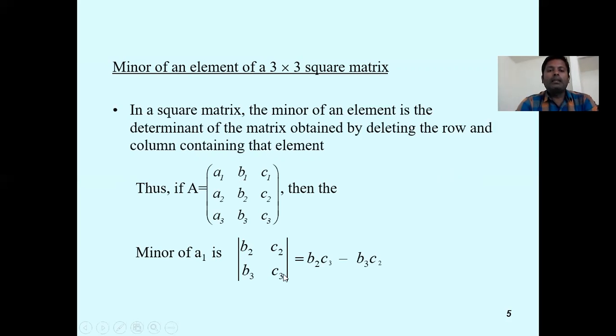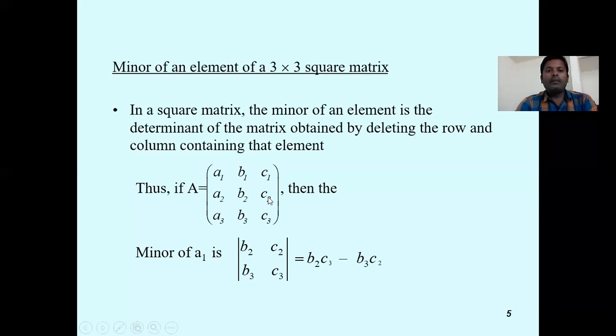For the minor of A1, you see here A1, B1, C1, A2, A3: the row and the corresponding column containing A1 are neglected. Then the remaining elements we write: B2, C2, B3, C3.